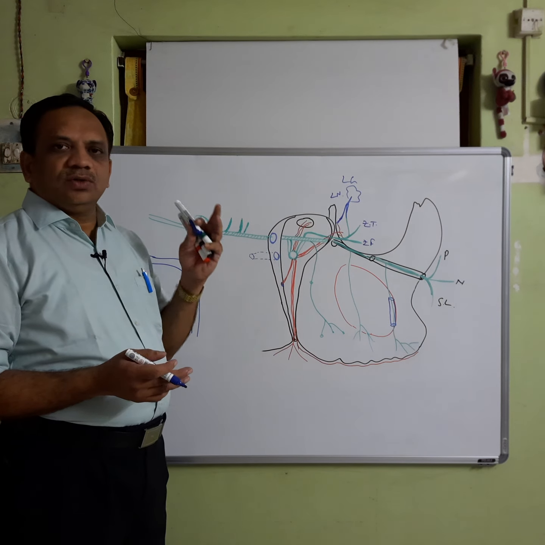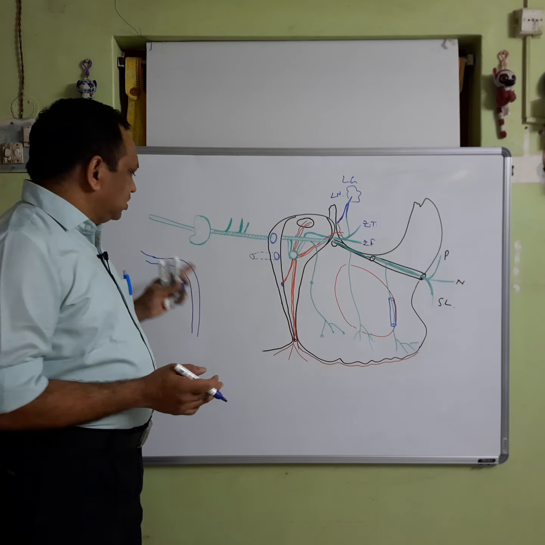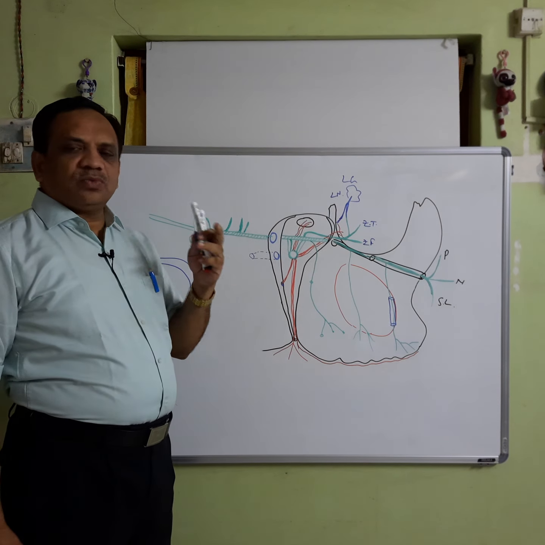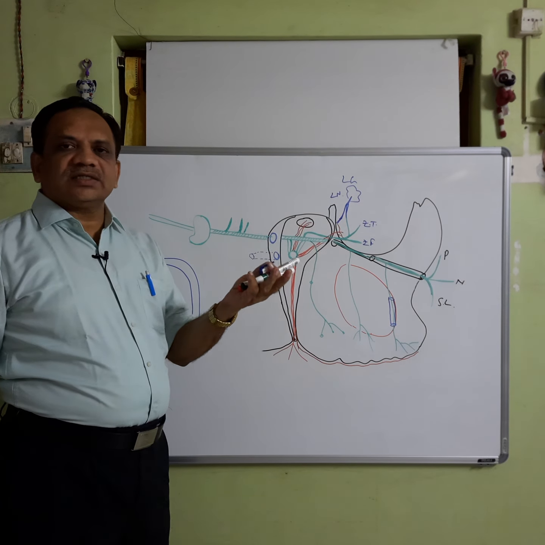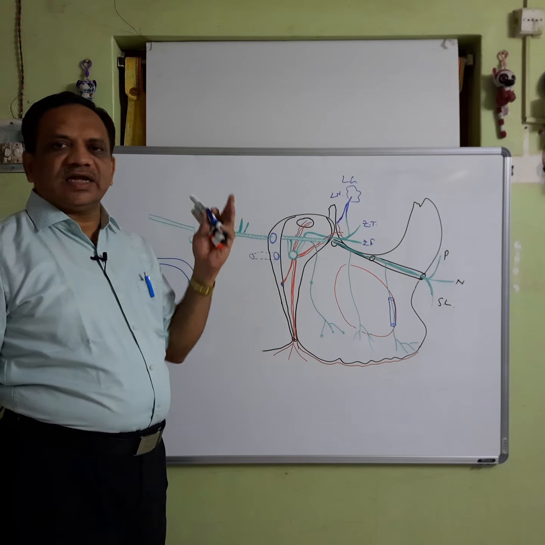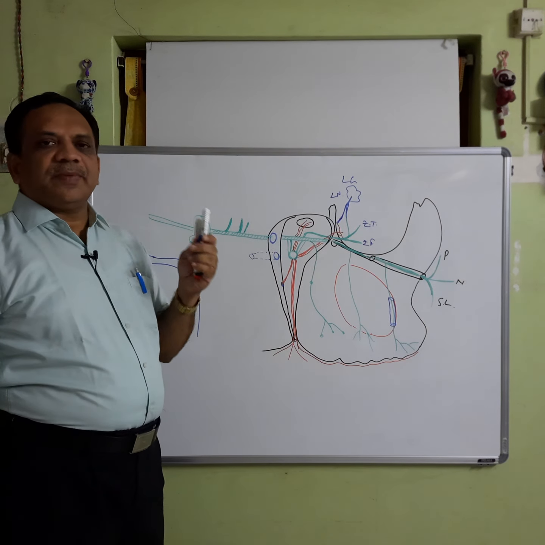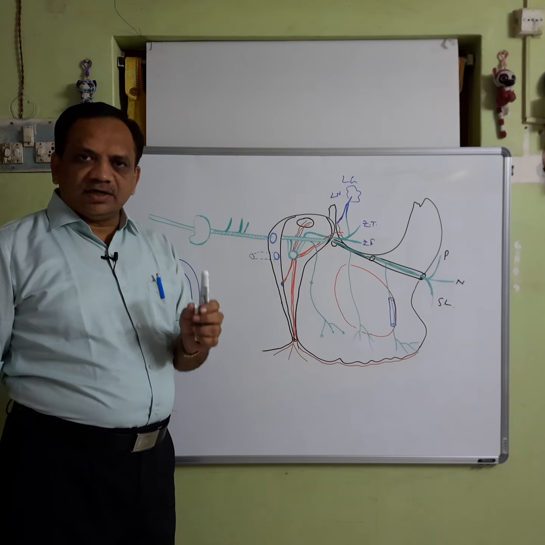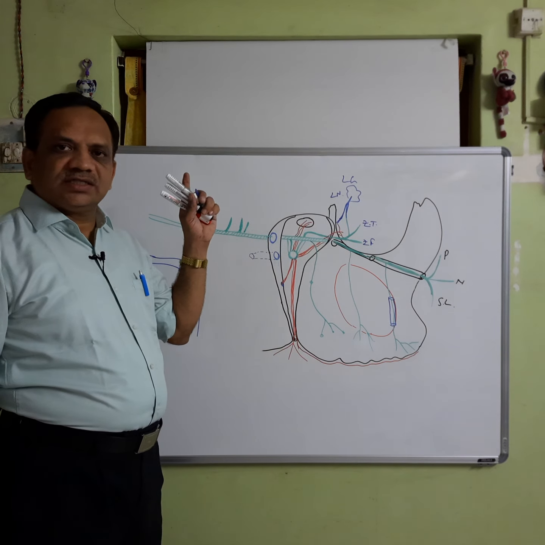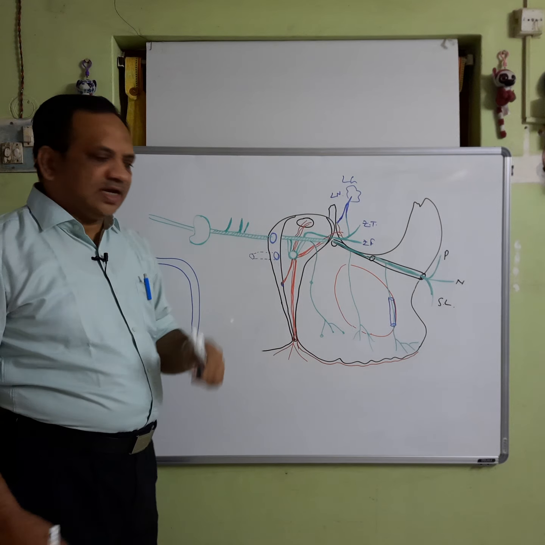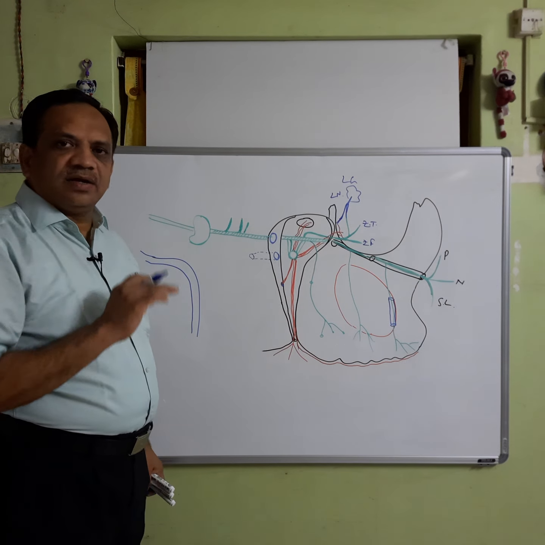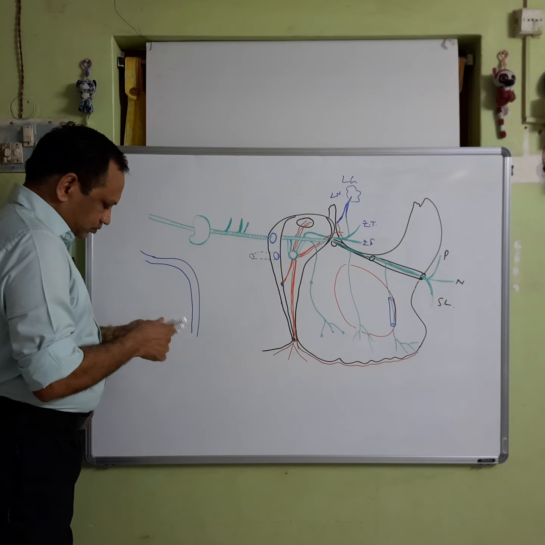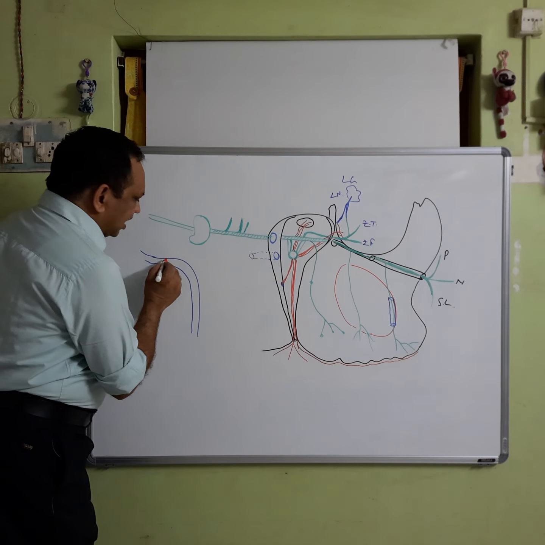The sensory root originates from the pons, and is called nervus intermedius. So, the superior salivatory nucleus and the lacrymatory nucleus are present there in the pons. From there, the preganglionic parasympathetic secretomotor fibers start and they pass through the nervus intermedius, then to the main facial nerve, then through the genu, like this.